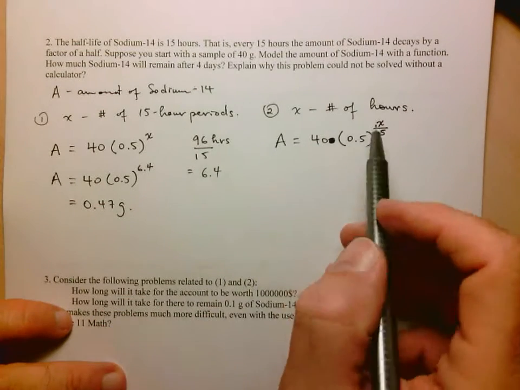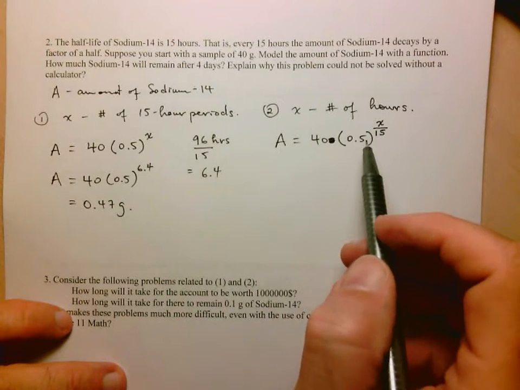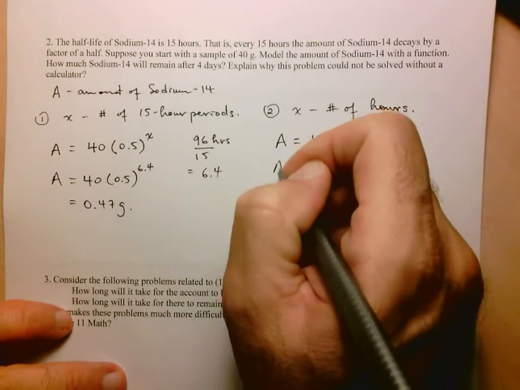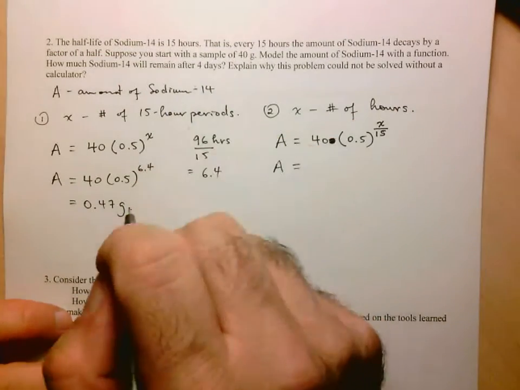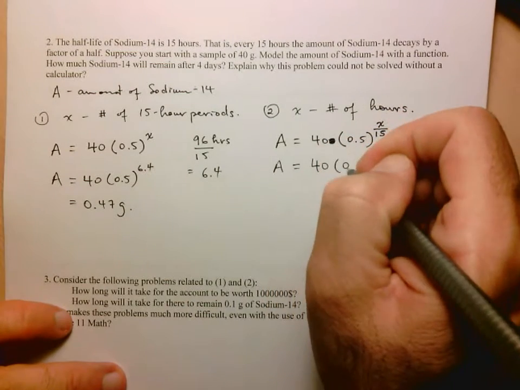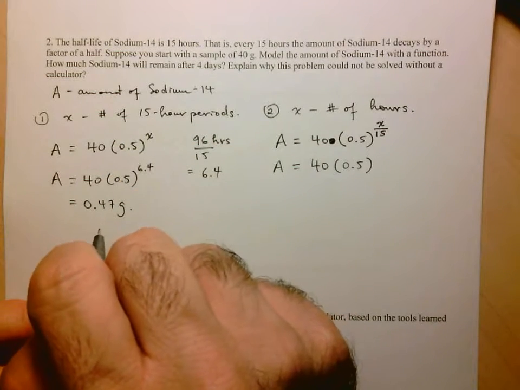So you see that we're actually doing the exact same thing as we did before, except we're now incorporating it into the function. When I input my particular value and I want to find the amount, I don't have to think every time about figuring out how many periods of 15 hours I need to represent.